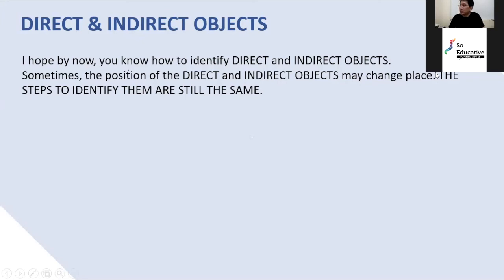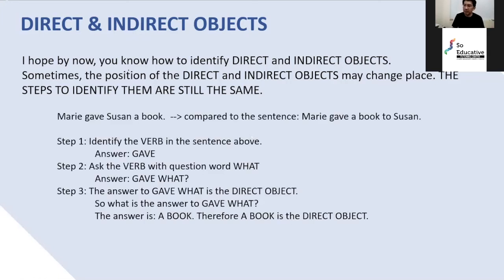However, the steps to find out which one is direct and which one is indirect are still the same. You are still going to go through those 3 steps. So you don't have to worry at all about what to do, because if you remember the 3 steps, they will be useful.